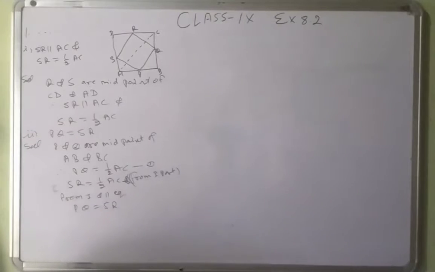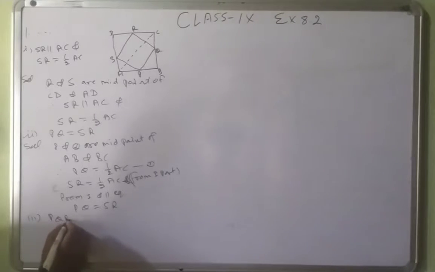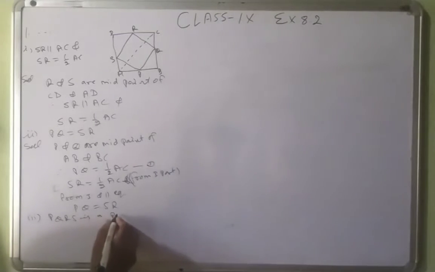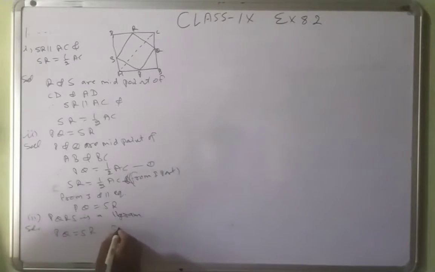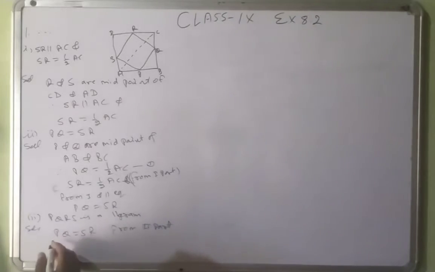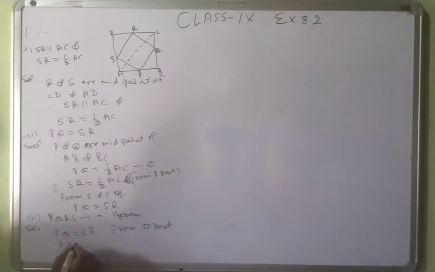Third part: PQRS is a parallelogram. Solution, very easy. PQ is equal to SR from the second part, and PQ is also parallel to SR, because of the midpoints.